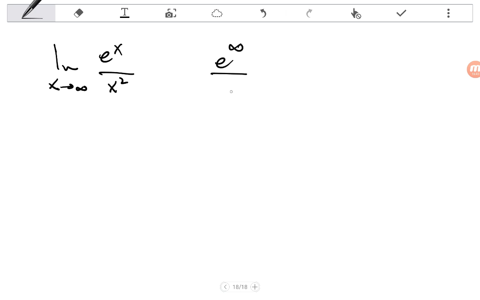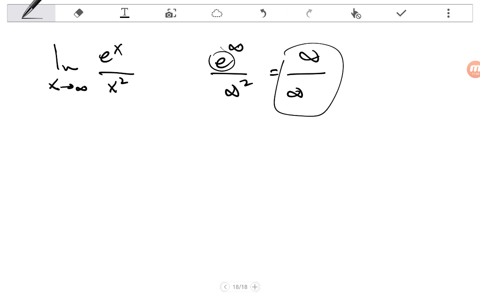E power infinity over infinity squared. What is infinity squared? It is infinity. E power infinity: e is a number greater than 1, and any number greater than 1 is a big number. If you multiply it by itself infinite times, that will be infinity.